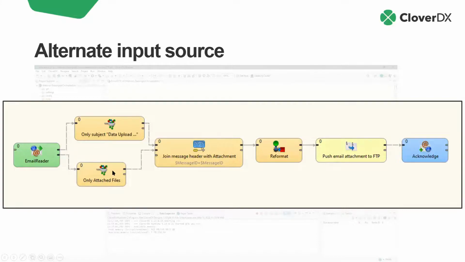If it matches those criteria, we grab the attachment off of the email, push it to the correct folder on the FTP, and then send an email back saying, yes, we did get your out-of-band data, right? So we are not only designing an ingest process that handles the main core, we're also handling this pre-processing stage as well.